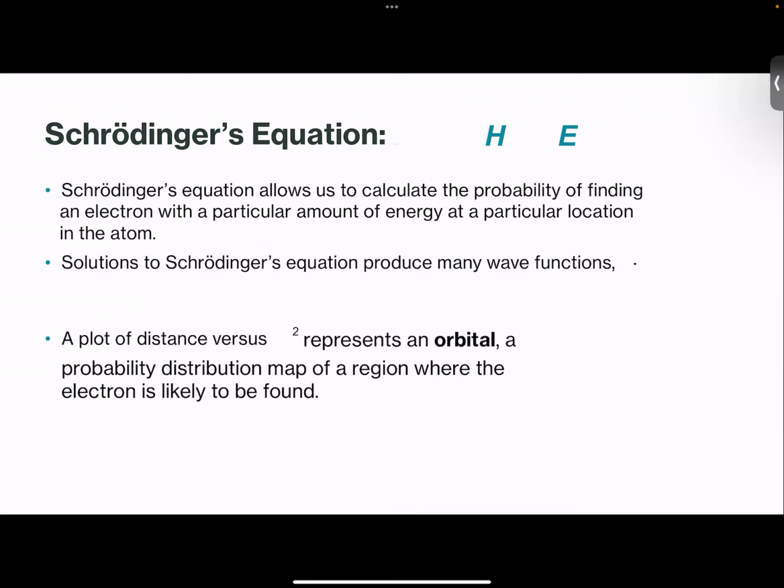The Schrodinger equation is the psi of H is equal to the psi of E. And what the Schrodinger equation does is it allows us to calculate the probability of finding an electron of a particular amount of energy at a particular location in the atom.